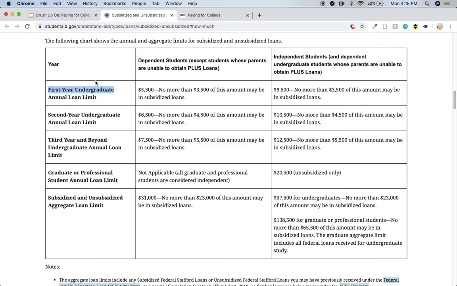So you can see here that if you're a freshman and you're a dependent, you can borrow up to $5,500, and no more than $3,500 of this amount can be in subsidized loans. You can see that the amounts are going to increase based on your year, and it'll also increase if you are an independent student. So a lot of students don't know that there are limits on federal student loans, so this is really important to point out.